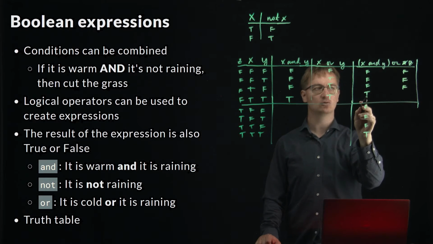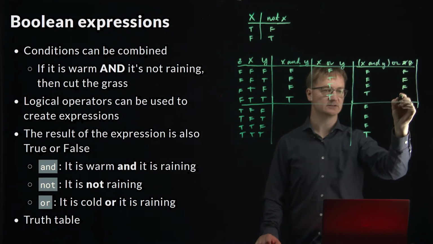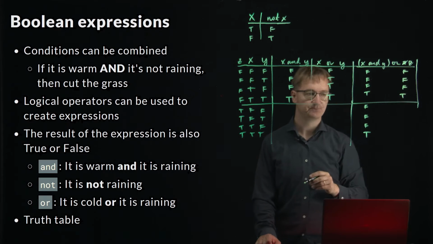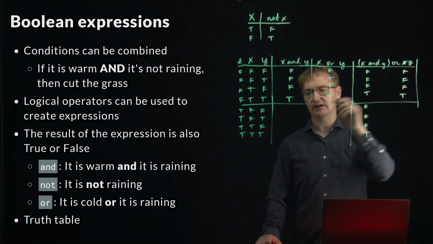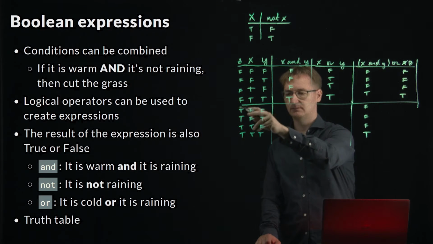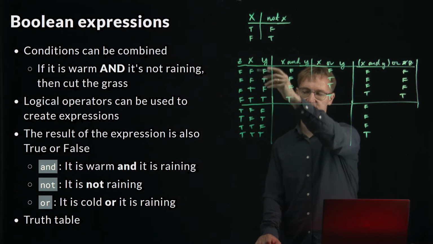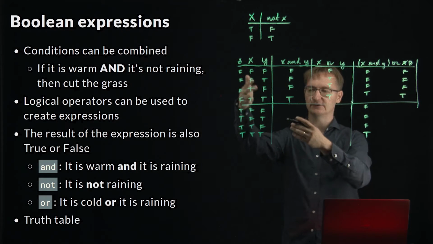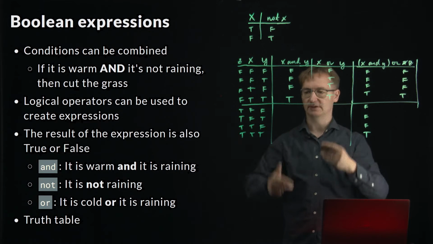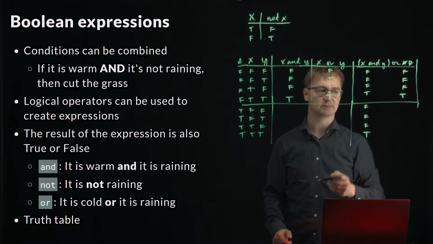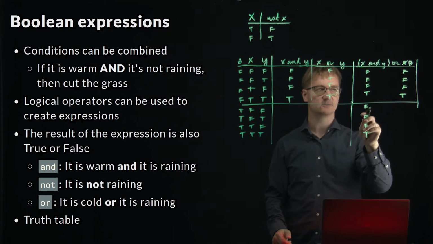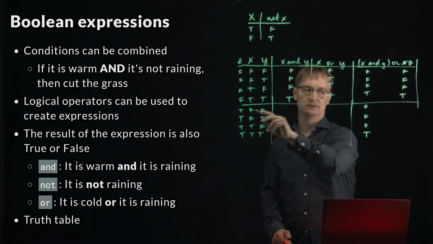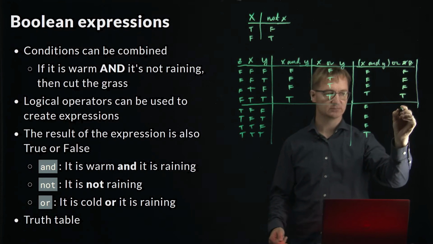And now we have true or false, then we say it's true. And here, because the z value is always true, it's the way I wrote this table. I could write it in a different order, then it might not be the same. But basically, because we take false or true, we always get true.